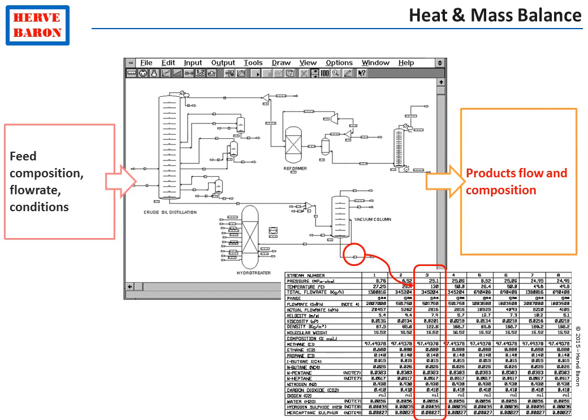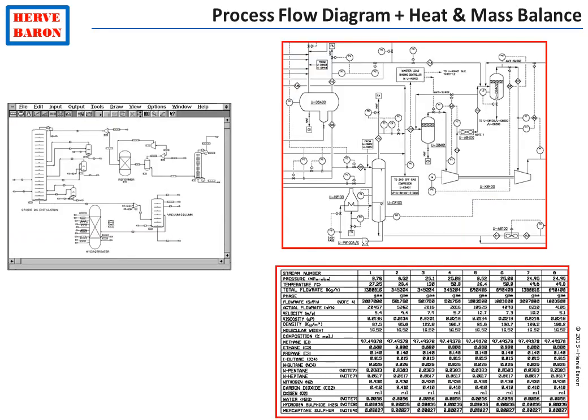The heat and mass balance shows the conditions and composition of each stream of the process scheme. The process flow diagram shows the various equipment, the process lines, as well as the process controls.